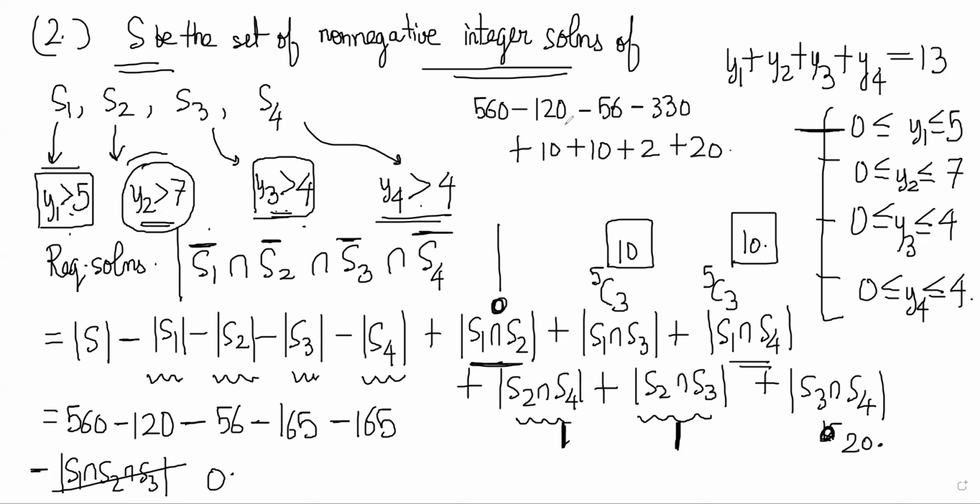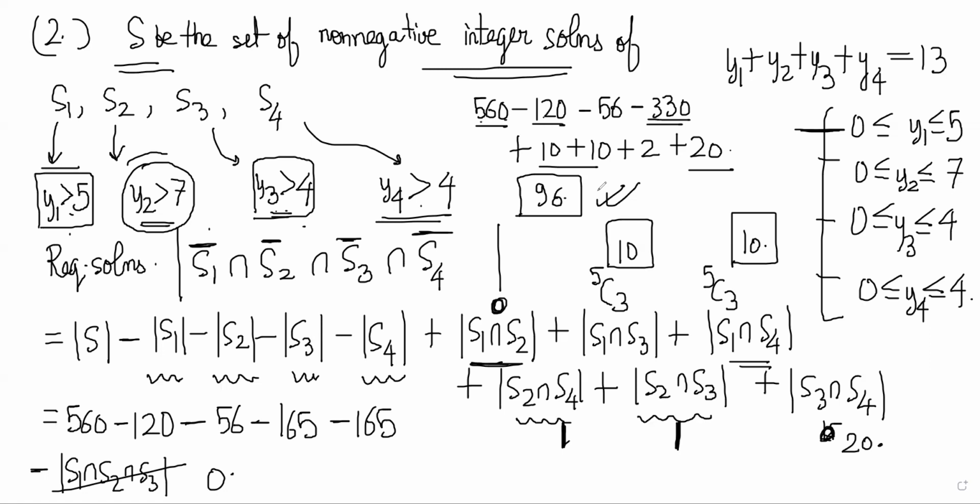So this becomes 440 minus 330, so that is 110 minus 56 will be 54 plus 40, which will be 94 plus 2, 96. So we are getting 96 possible solutions, and we have learned now how to solve a situation where you have multiple bounds, both upper and lower bounds to our variables. How to find the integer solutions of that case, right?